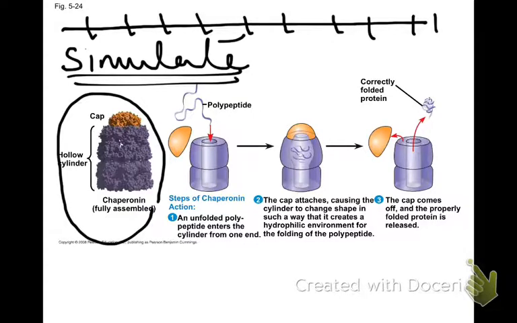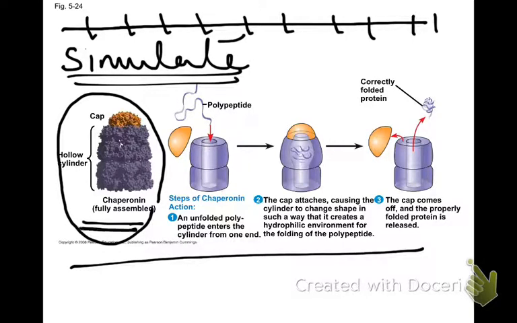It looks like a hollow cylinder with a cap, wherein the polypeptide which is being made by the cell enters, and it's like a changing room where a lot of magical things happen, where the protein gets folded and the cap falls off with the correctly folded protein being released. So this particular organelle is called a chaperonin.